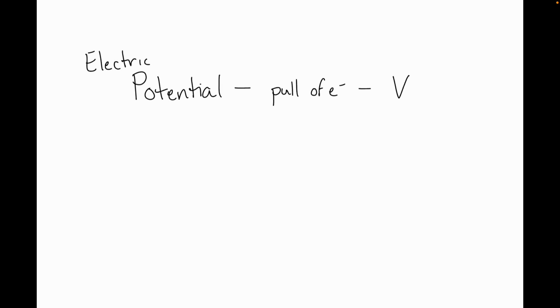Let's talk a little bit more about units here. A very important concept in electrochemistry is charge. Those negatively charged electrons are being transferred. Charge is measured in units of coulombs, which I don't remember how to spell.